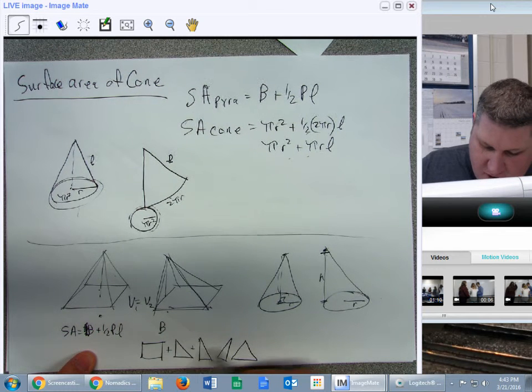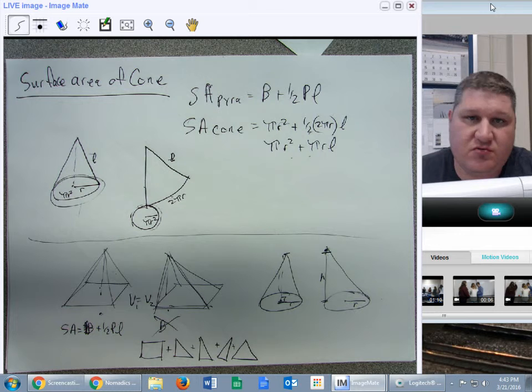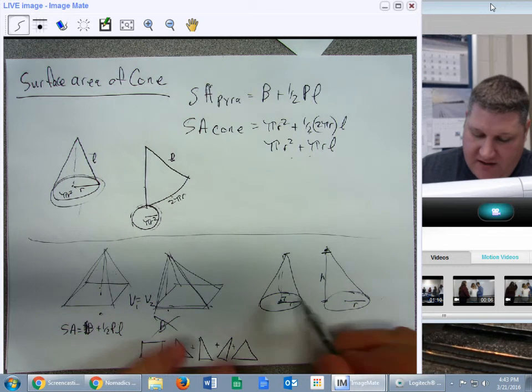So you would have to add all of these different shapes up for non-right. So you can't do the basic formula for a non-right pyramid in the same way.